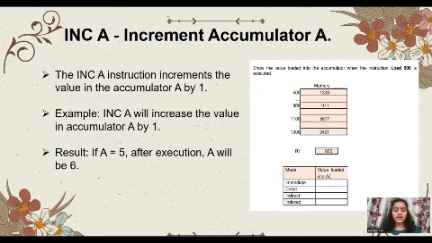After the execution, A will become 6, as A is the destination. I am incrementing, which means increasing the value by 1. So 5 plus 1 is equal to 6, and A will get 6. Here also we can observe that incrementation takes place.